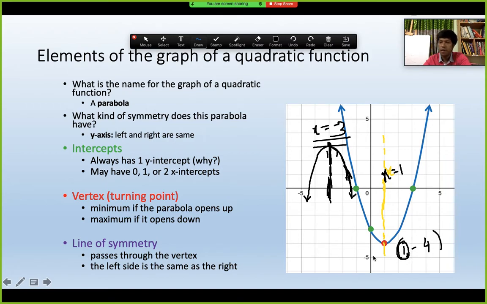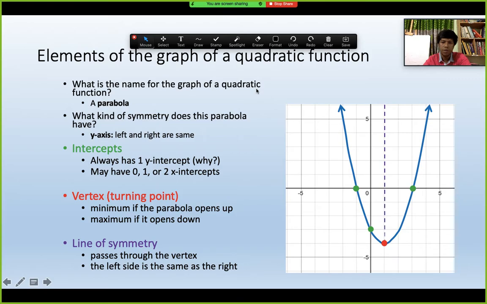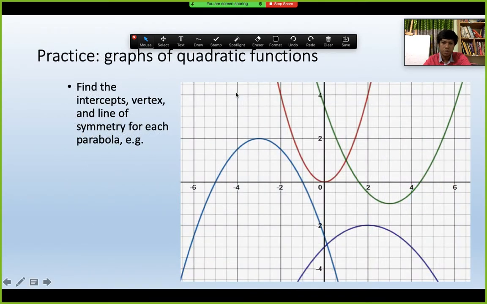The x value of the vertex will be the line of symmetry. This point is minus 1, minus 2, minus 3, so this point is minus 3, comma, plus 3. The x value of the vertex will be the line of symmetry. So this way we understand it.